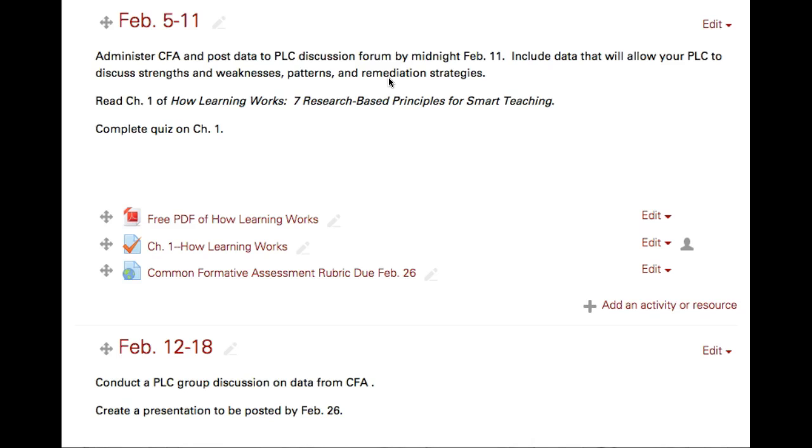What we're expecting in those CFAs is that students will get some of the questions wrong. The last thing you want, for purposes of your study, is for all students to have all the questions answered correctly. You'll see this when you read Chapter 1: you want to see where students aren't making the connections.